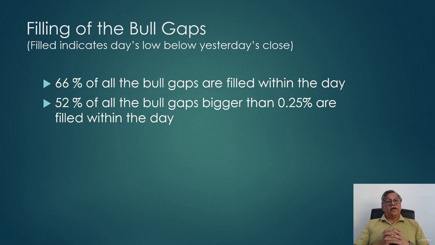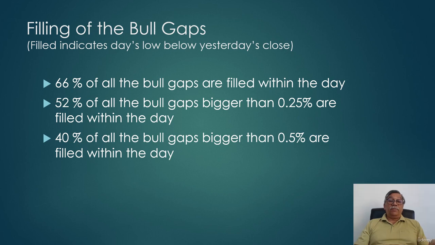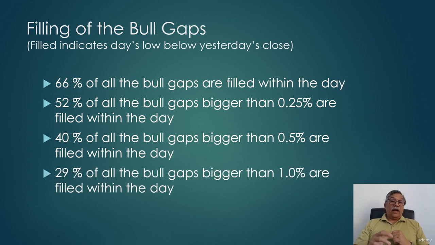Instead of the total number of gaps, if I say the gap is more than 0.25%, 52% of such bull gaps are filled within the day. 40% of the bull gaps bigger than 0.5% are filled within the day. And only 29% of the bull gaps bigger than 1% are filled within the day.